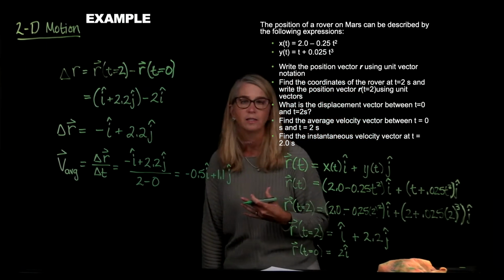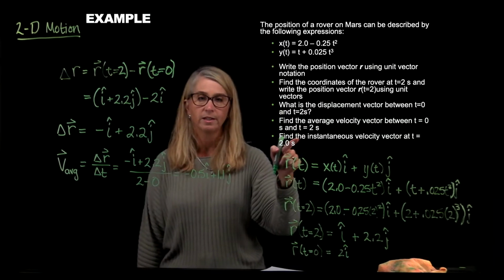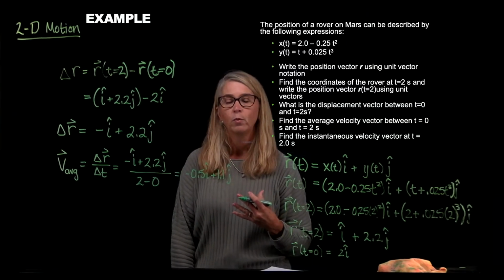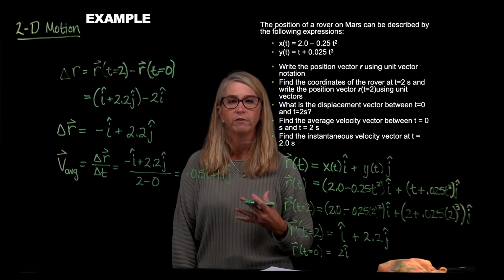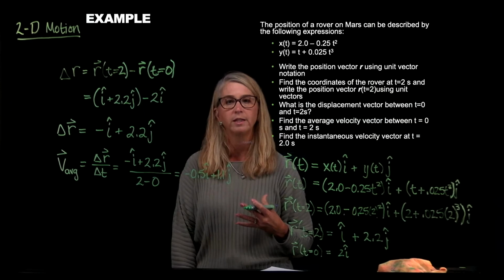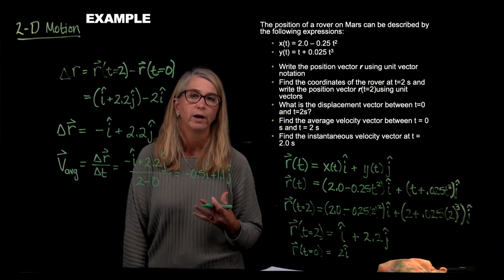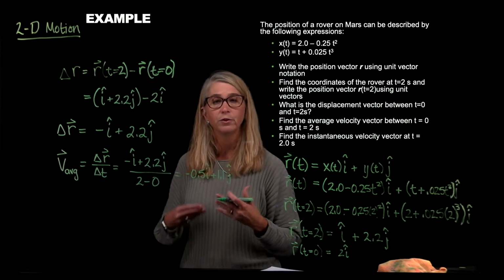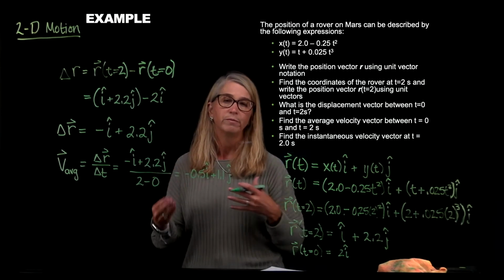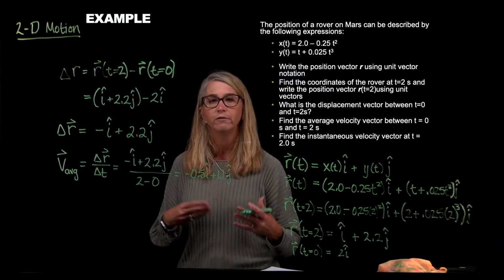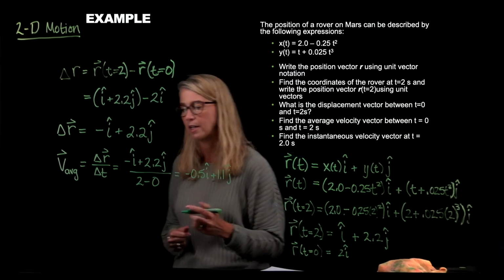Finally, the last thing I'm asked to find is the instantaneous velocity at 2 seconds. What I have to remember is the difference between average velocity and instantaneous velocity. This is something some of you had some trouble with in the first assessment, differentiating between how to find average velocity versus instantaneous velocity.